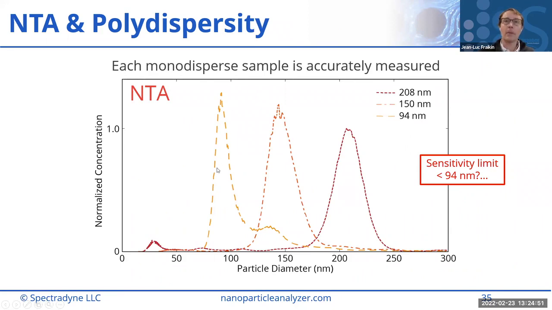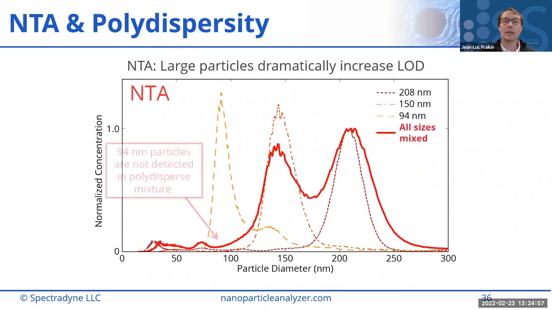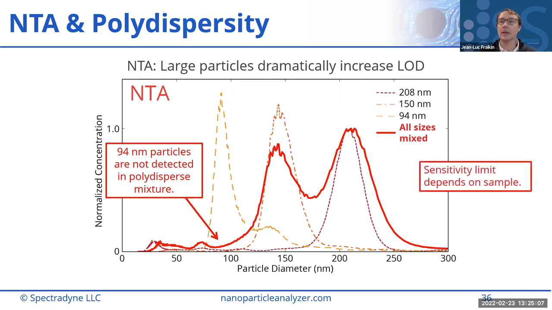But when we do that and measure it on NTA, this is what we get. You can see that the 94 nanometer particles, the smallest ones, are not being detected when they're in the mixture. What we've shown essentially is that the sensitivity limit of this technique depends on the sample. That's a major problem if you don't know what's in the sample to begin with, and we'll see examples of that in a second.